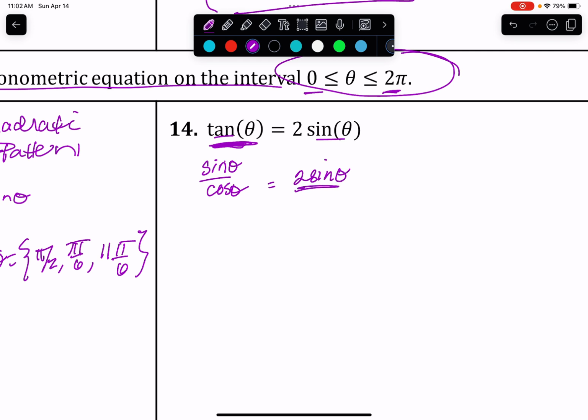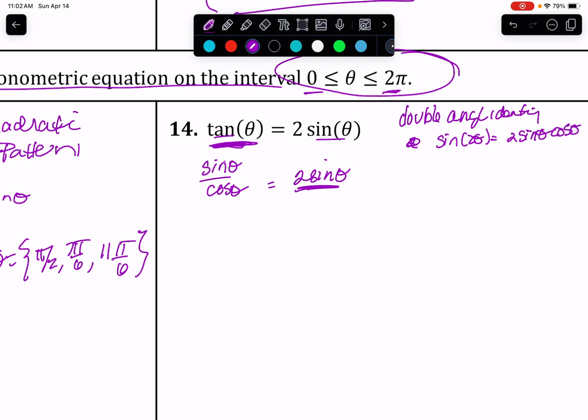Now, you know something that starts with 2 sine theta. If you use the double angle identity, which says that the sine of 2 theta is equal to 2 sine theta cosine theta.